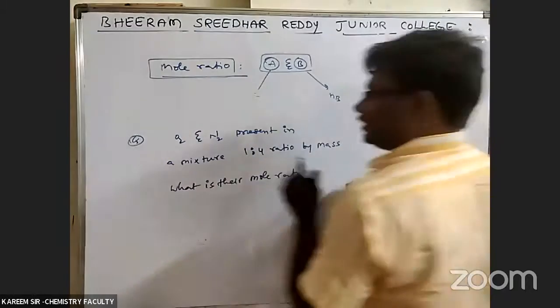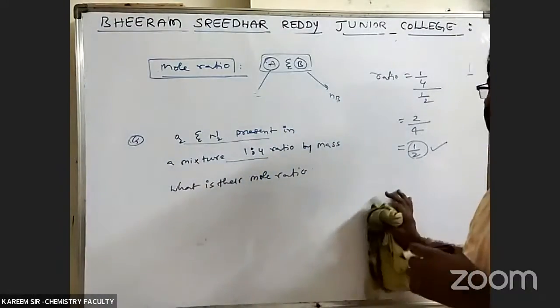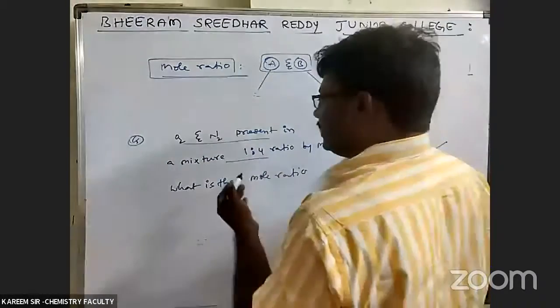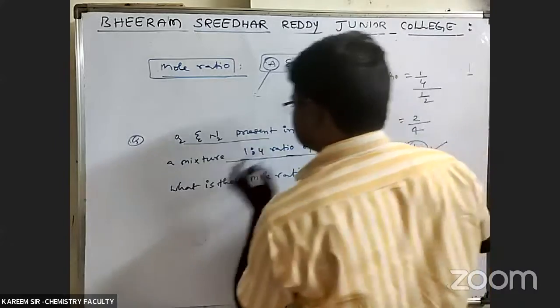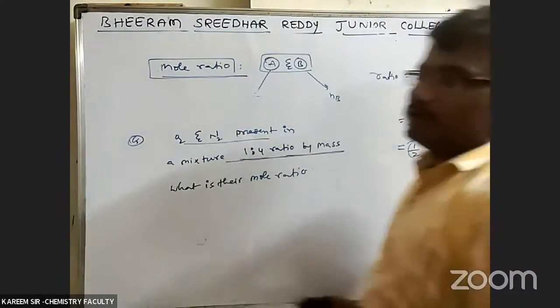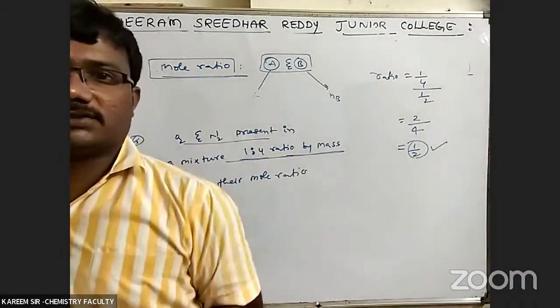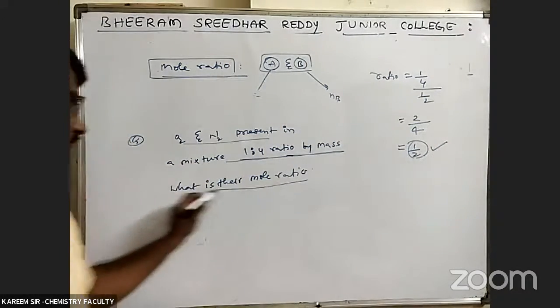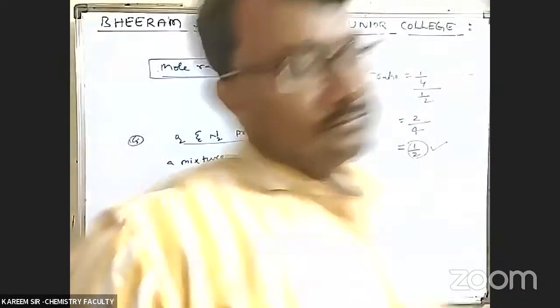Oxygen, nitrogen present in a mixture 1:4 ratio by mass. What is their mole ratio? Find the mole ratio and tell me.